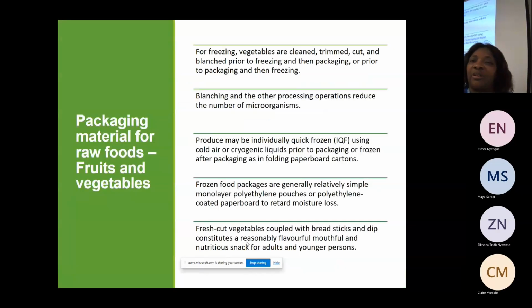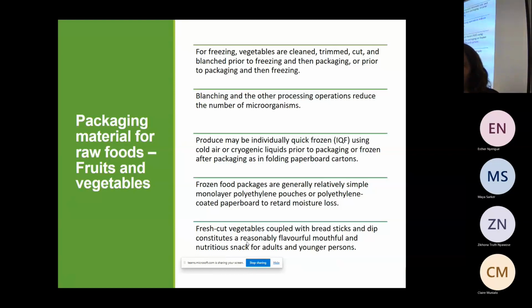So you'd actually see that some of the packaging done for raw produce is just freezing the vegetables: cleaned, trimmed, cut, blanched, and then frozen. Once they are at that stage, they've retarded the way in which they can deteriorate.